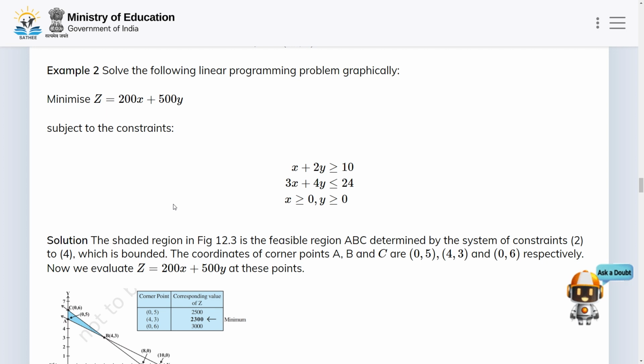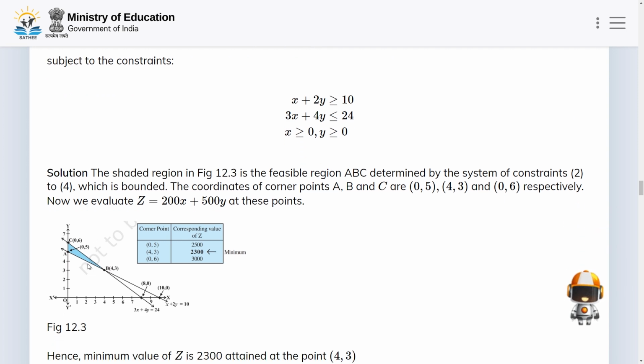Now the second example. Solve the following linear programming problem: minimize this objective function subject to these constraints. First of all draw your lines, and according to the inequalities draw the feasible region. As you can see, the feasible region will be ABC. This is bounded, with corner points (0, 5), (4, 3), (0, 6).